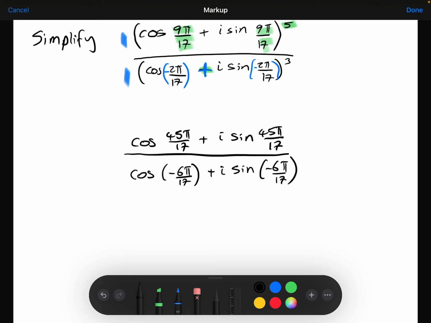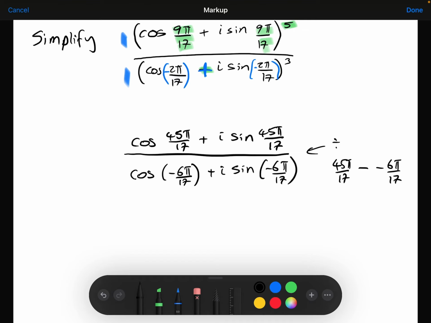Now I know that when I divide complex numbers, I subtract the arguments. So I'm going to do 45 pi over 17 minus the minus 6 pi over 17.